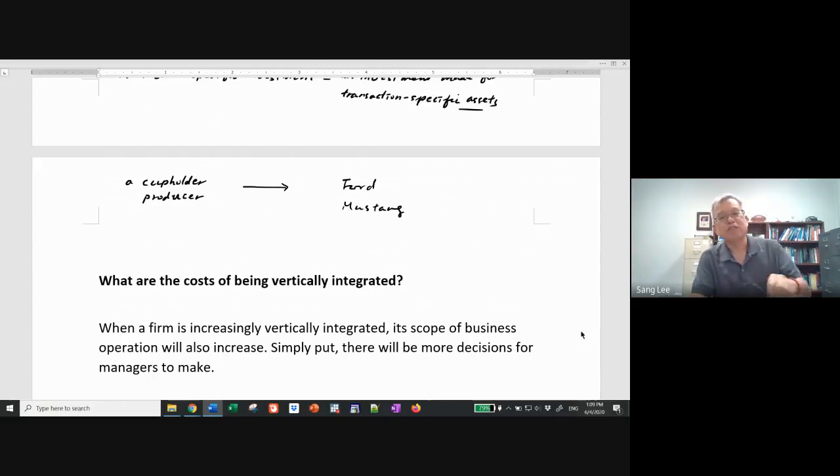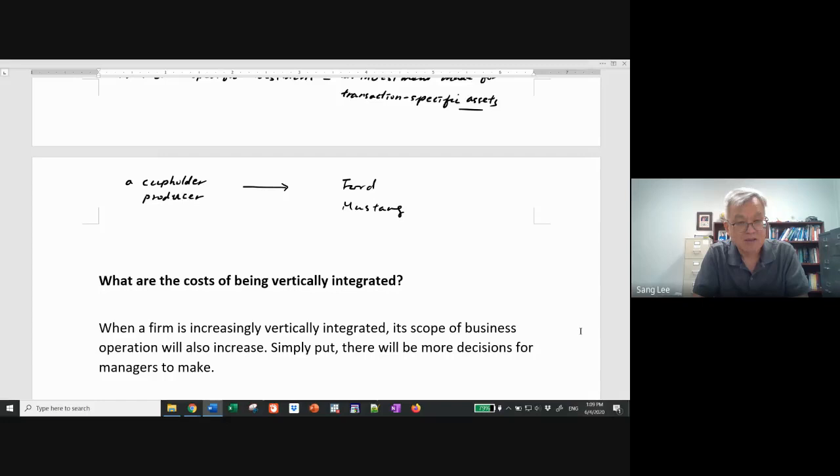In other words, if somehow Ford can find a small excuse not to accept the cup holders, Ford says, I'm sorry you made such a large investment in good faith, but we discovered some problems, some defects, so we cannot accept the cup holders that you produced for us as they are.